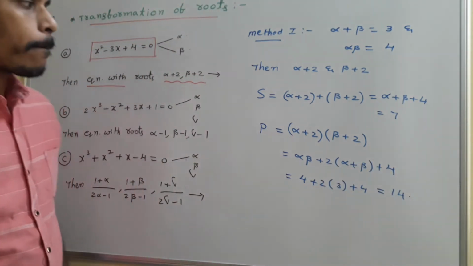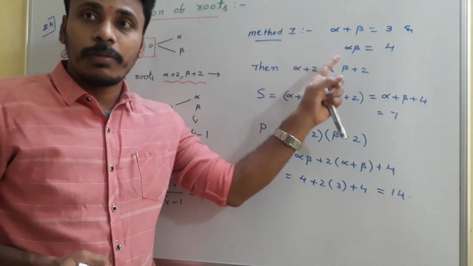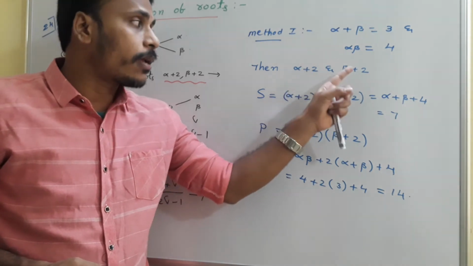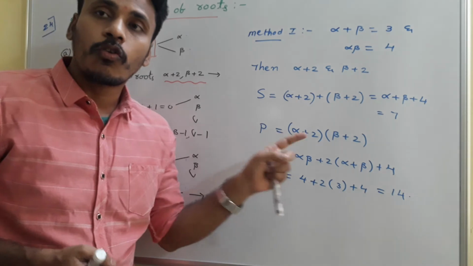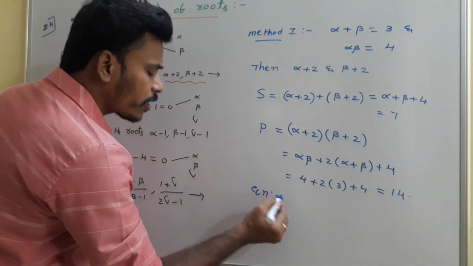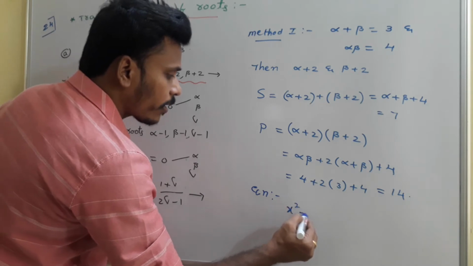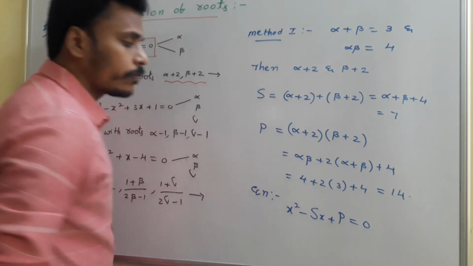So finally, I am trying to find an equation whose roots are alpha plus 2 and beta plus 2. For that, first I find the sum of these two numbers and the product of these two numbers. Then the equation is simply x square minus sx plus p equals 0.